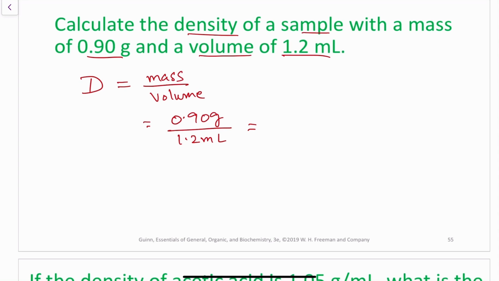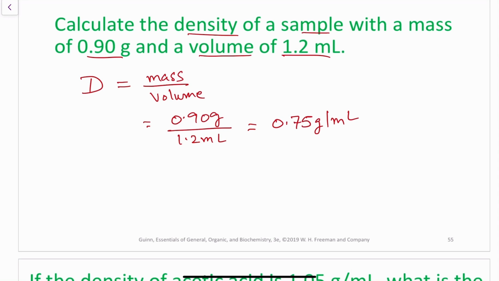If you divide these two numbers, you're gonna get 0.75 grams per mL, right? And then if you're dividing these two numbers, how many significant figures do you need?